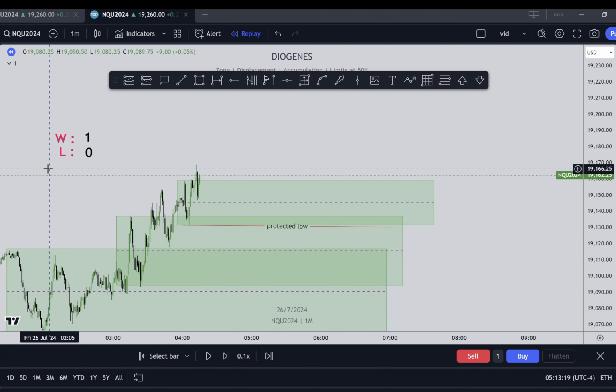So fortunately, I don't think they will give me this trade again. And we close. So what happens? New zone is here and new protected low is here, right? So I take it.